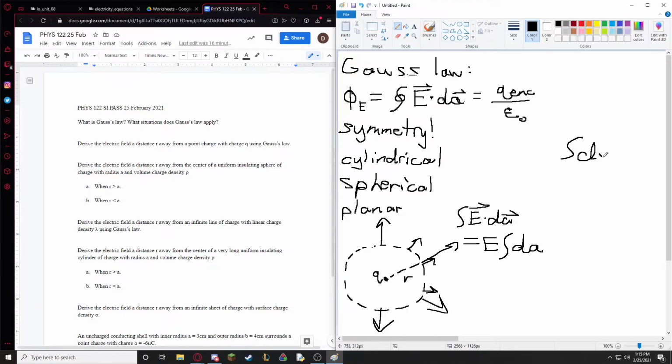What's the integral of dx? Would that just be x? Yeah, it's just x. The integral of dx is just x, right?